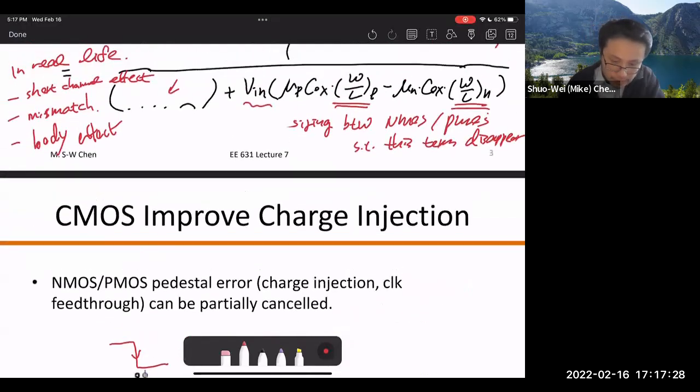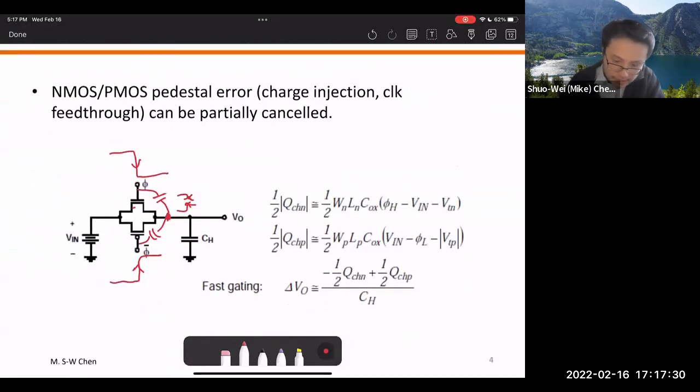Why? Because if you look at the channel charge, for the NMOS the carrier is the electron, which means negative charge. For the PMOS, it's the opposite: the carrier is the hole, which is a positive charge.